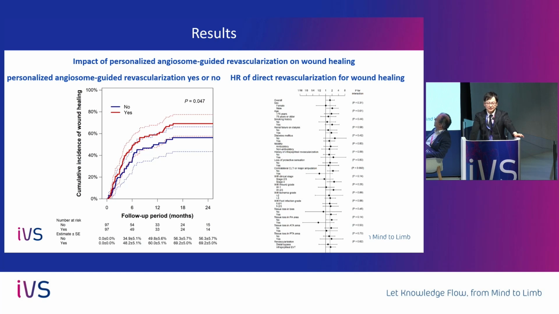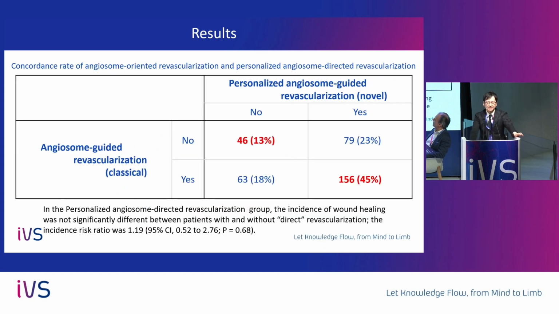Interaction analysis shows that there was no interaction effect on the personalized angiosome-guided revascularization and wound healing. Approximately 6% of the population treated with angiosome-guided revascularization matched the personalized angiosome-guided revascularization. So in the personalized angiosome direct revascularization group, incidence of wound healing was not significantly different between the patients with and without direct revascularization.